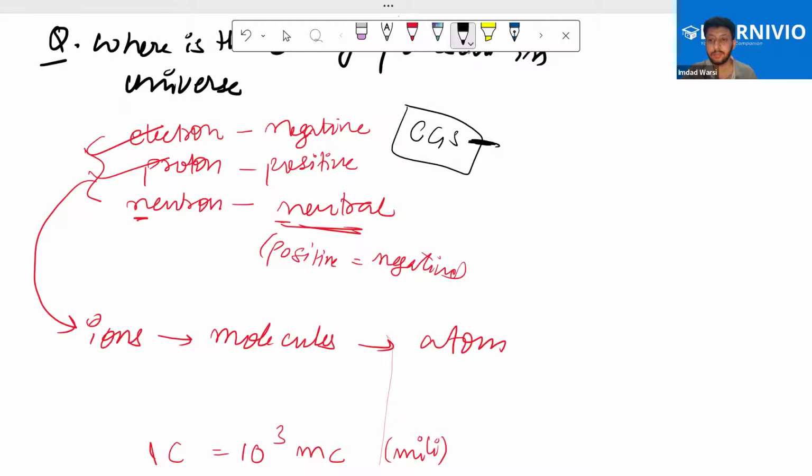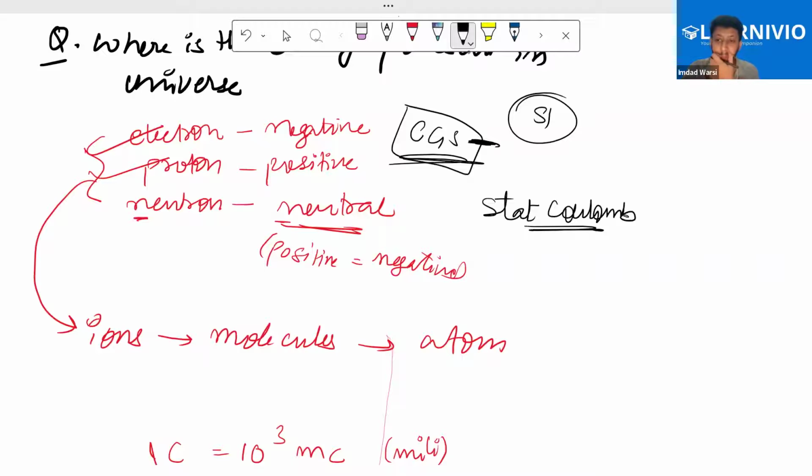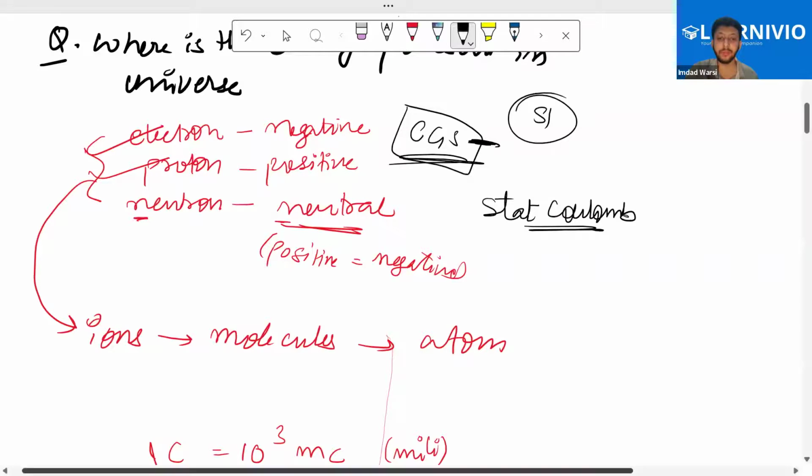It's coulomb, right? Coulomb is the SI unit. I'm talking about the CGS unit. The CGS unit is stat Coulomb. I told you in the last one, right? The CGS unit of electric charge is stat Coulomb.